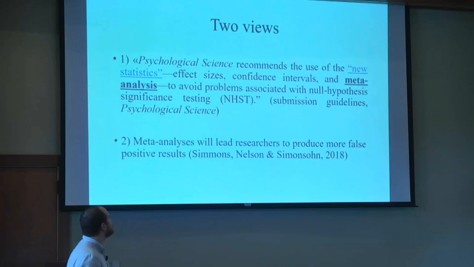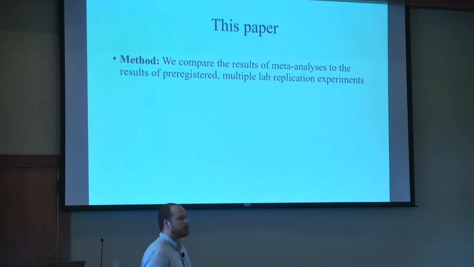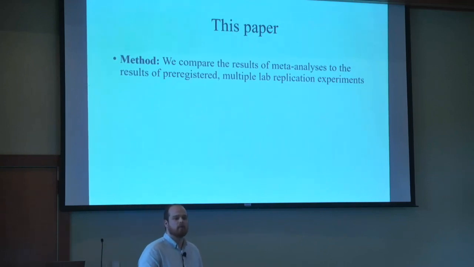So we offer an empirical approach to testing the validity of meta-analysis as a method. We compare the results of meta-analyses in psychology to the results of pre-registered multiple-lab replication experiments, which have the format that they have been accepted prior to the results being known, and they have been carried out at multiple laboratories.